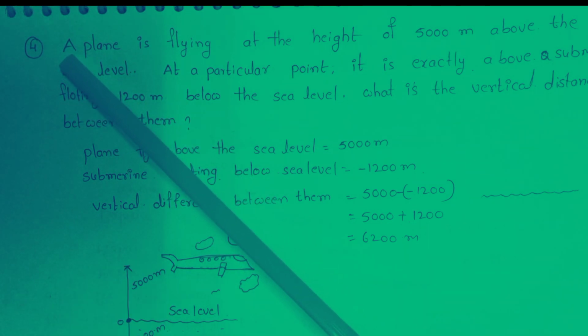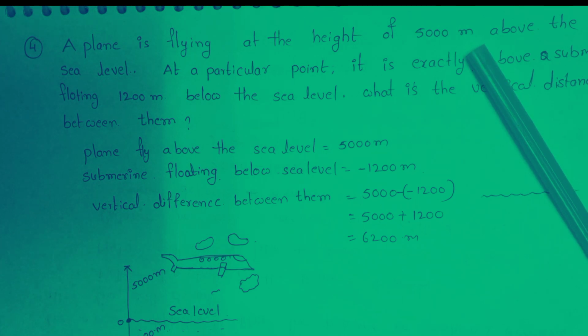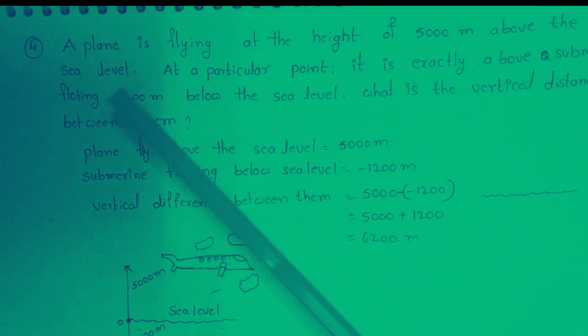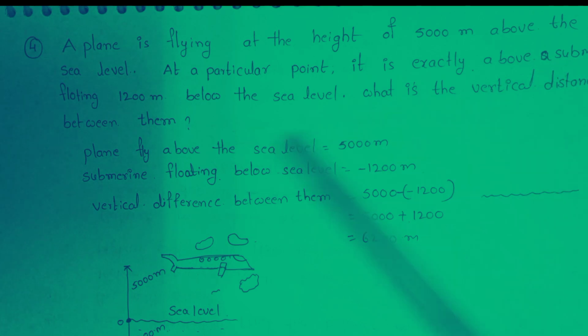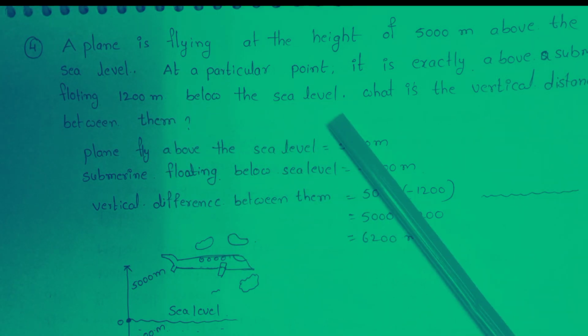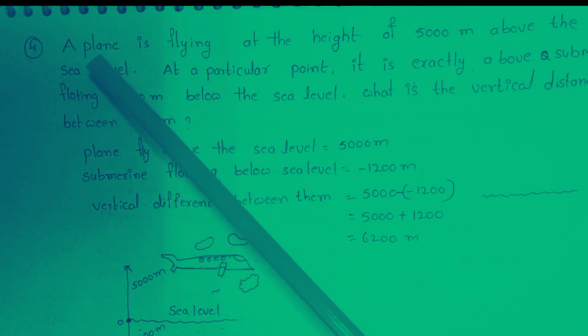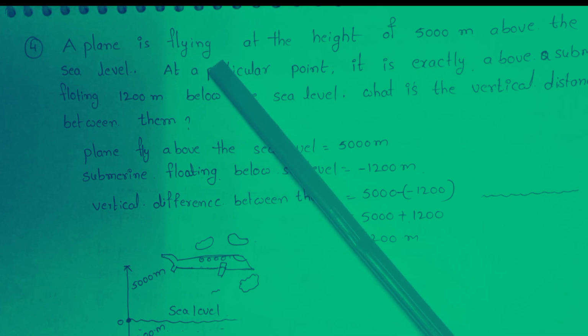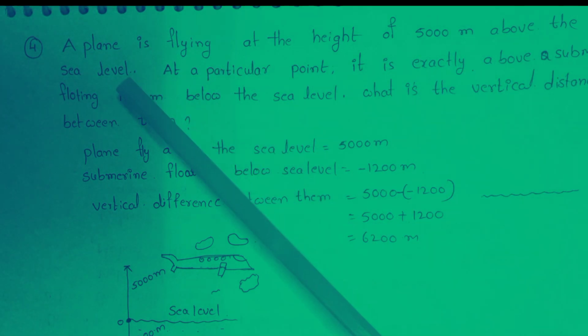Let us go to the fourth one. A plane is flying at the height of 5000 meters above the sea level. At a particular point, it is exactly above submarine floating 1200 meters below the sea level. What is the vertical distance between them? This is the question. A plane is flying on the height of 5000 meters above the sea level.